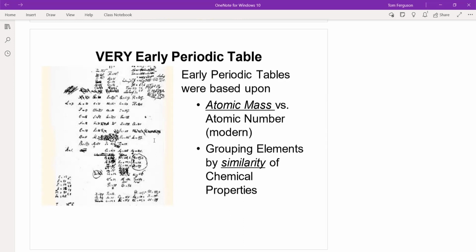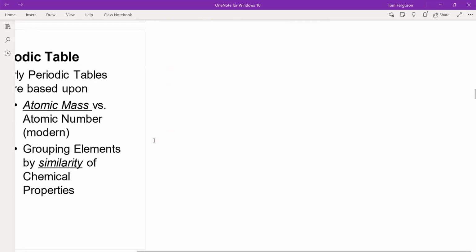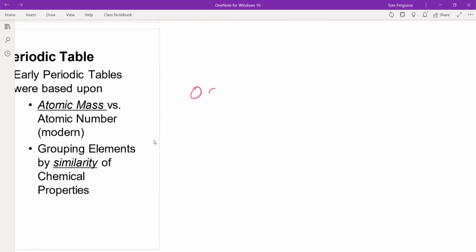He noticed that certain elements have chemical properties that are similar. So what he came up with: the first thing he did was put all the elements known at the time in order by mass.